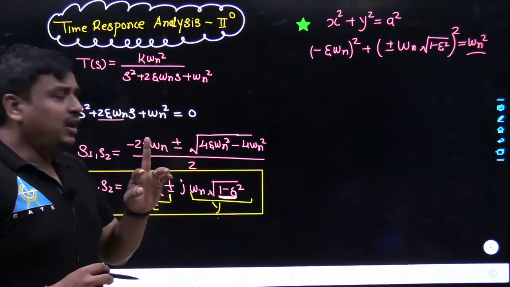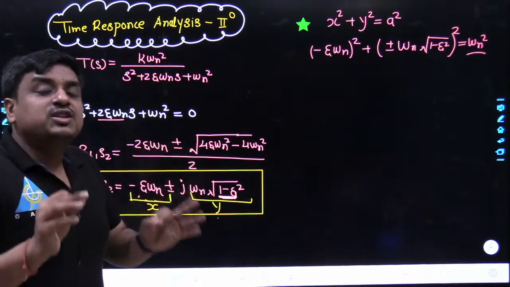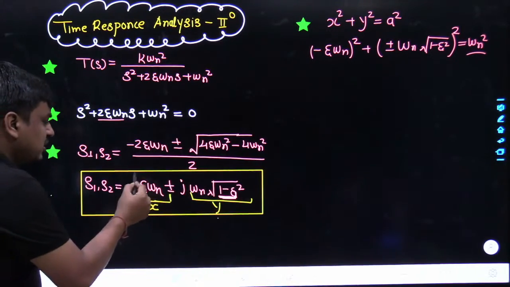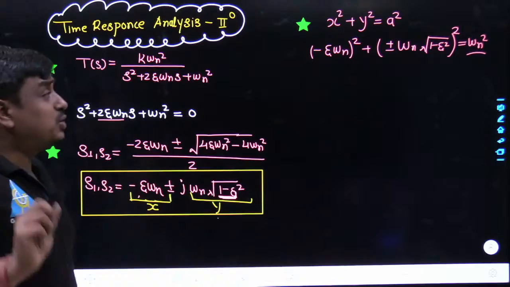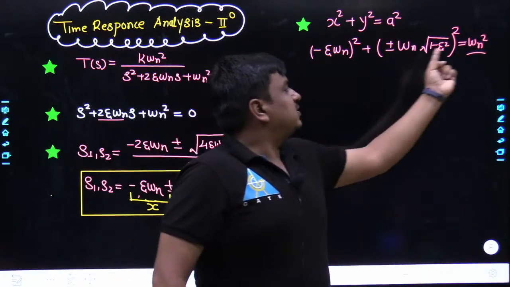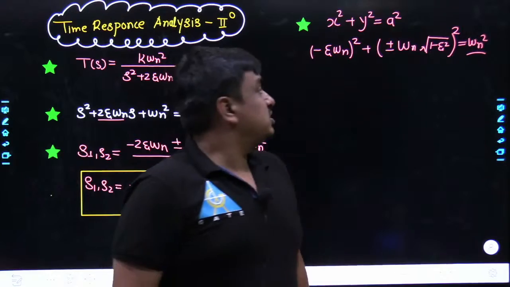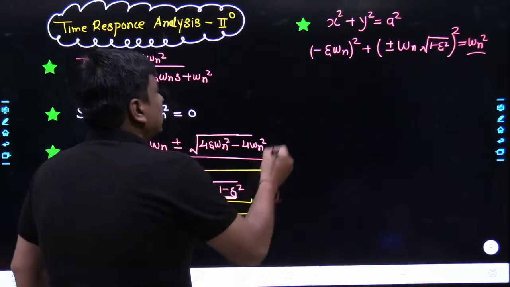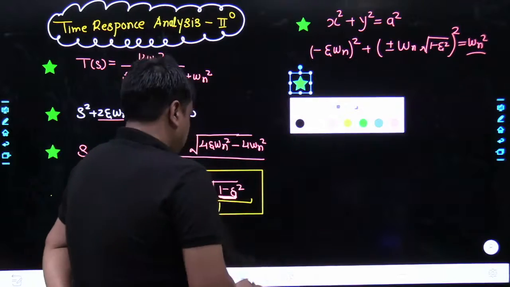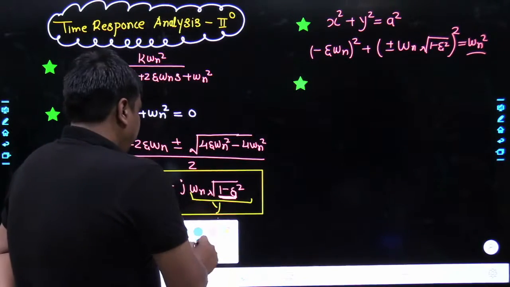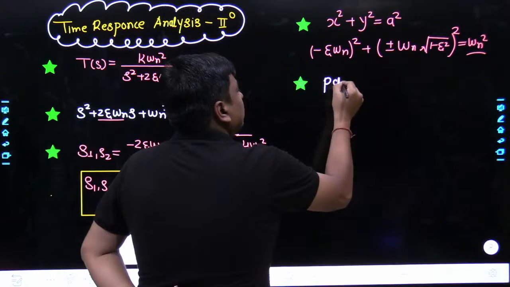Did you agree with what I am saying? In future we are going to change the value of zeta, no? If the zeta is changing, definitely the value of the real part would change and the value of the imaginary part would change, but together the distance from the origin of the S plane would not change. So one of the very important outcomes we are going to write: poles, how many poles do we have? 2.